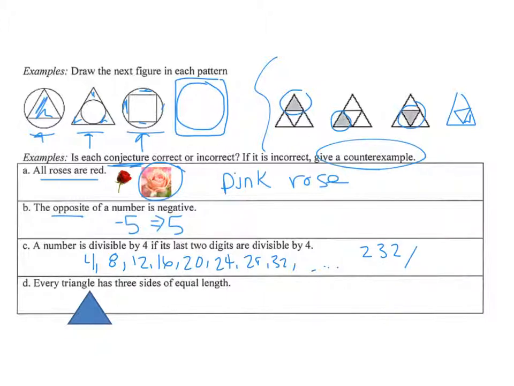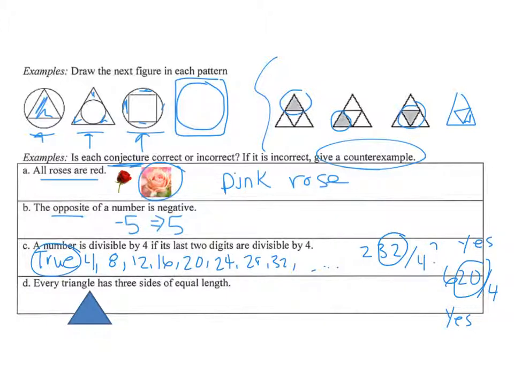Is that divisible by 4? You can put it in your calculator. Yes, it is. It's a whole number. The last two digits are divisible by 4, and it works. Let's try another one. 620. Is that divisible by 4? Because 20 is divisible by 4, so let's check it. Yes, it works. So this is true. If it's true, we can't find a counterexample.